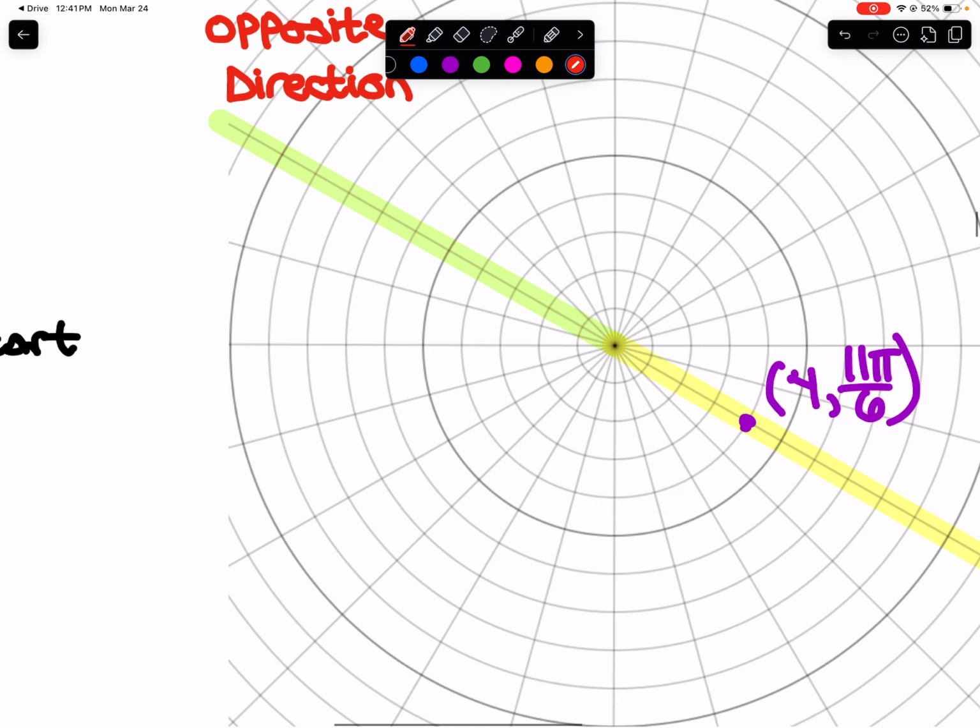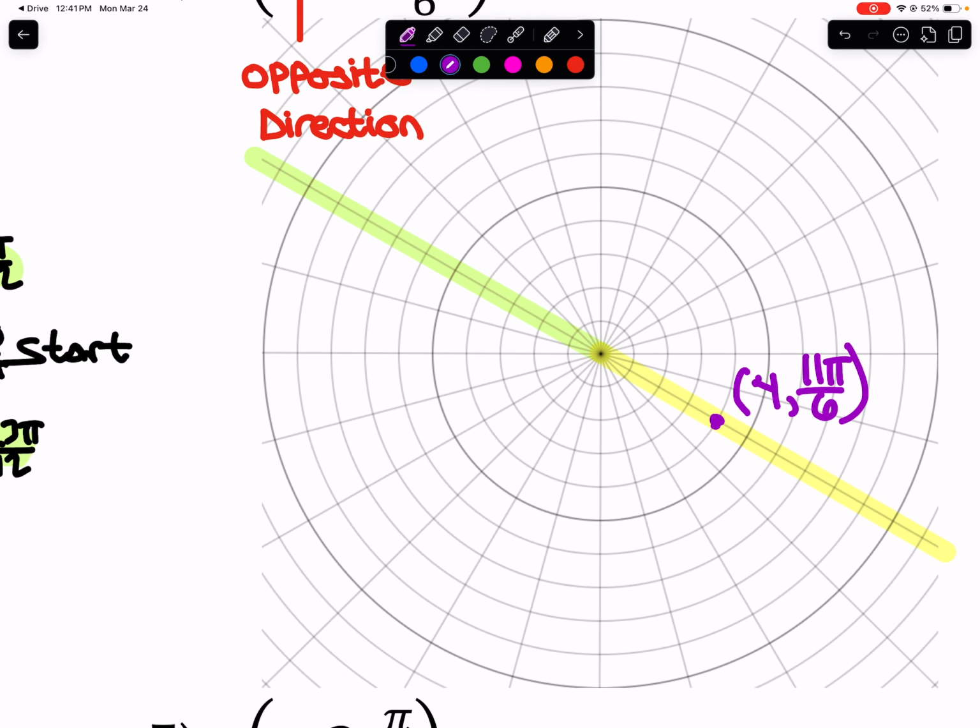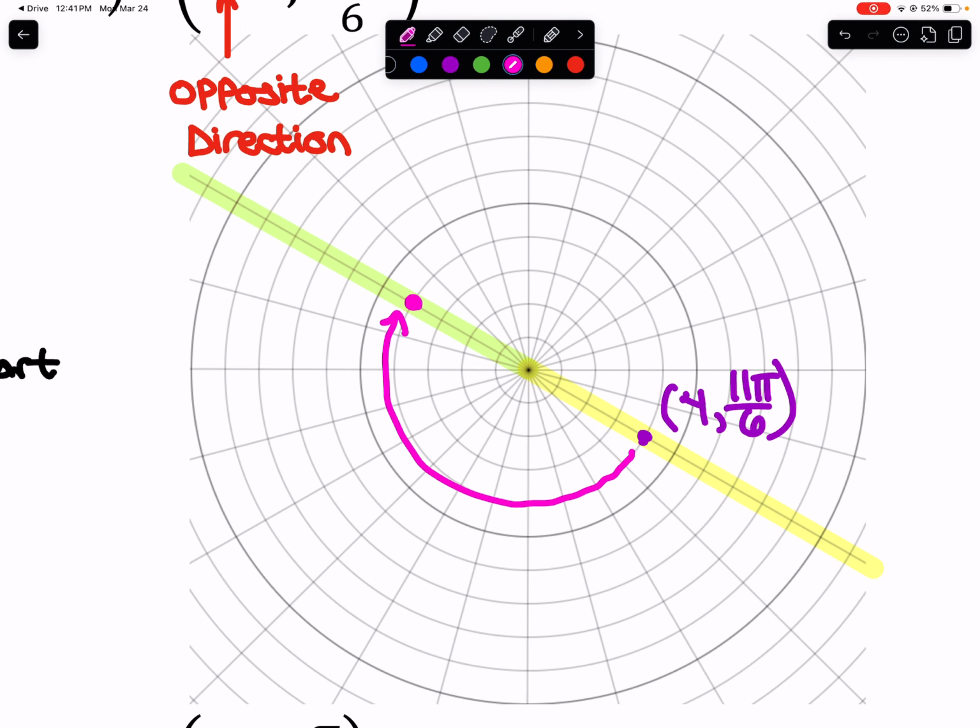So now instead of going towards 11 pi over 6, I'm going to go the other way, and we're still going to be 4 circles from the pole, but now that I switch directions, I can make that r value negative, but we're still going to keep that same angle. So this would be your original coordinate.